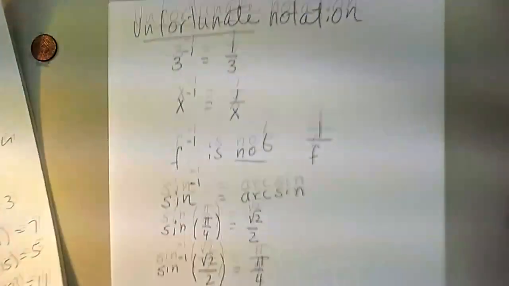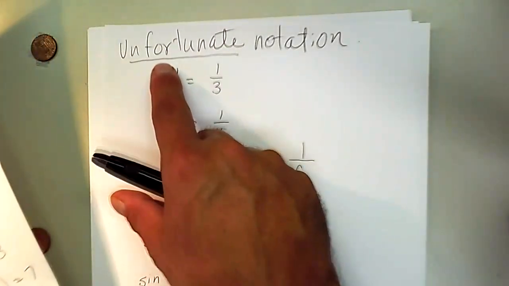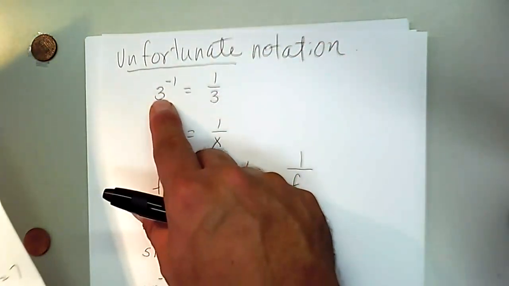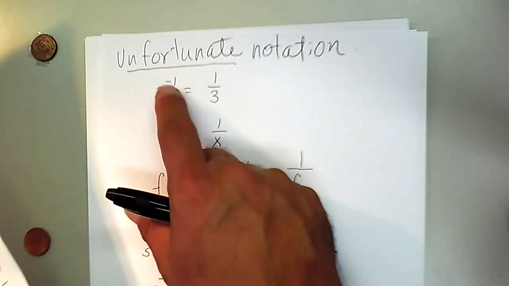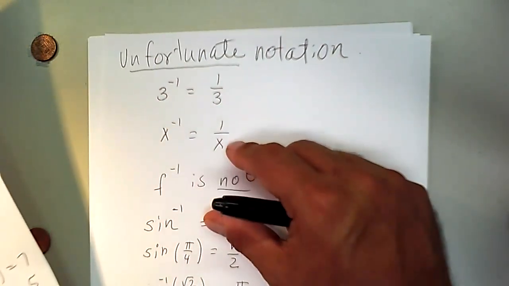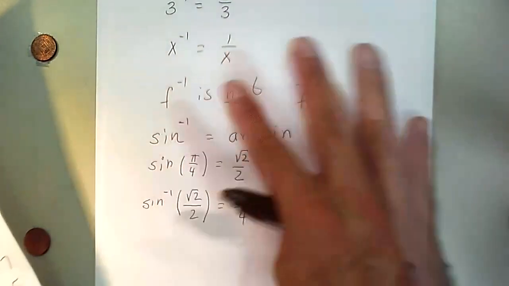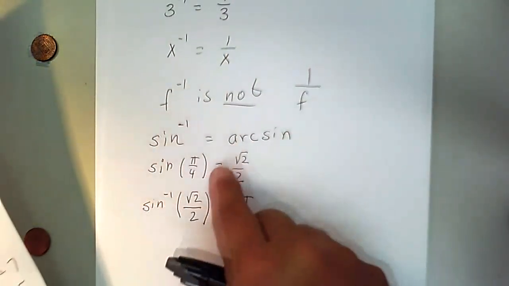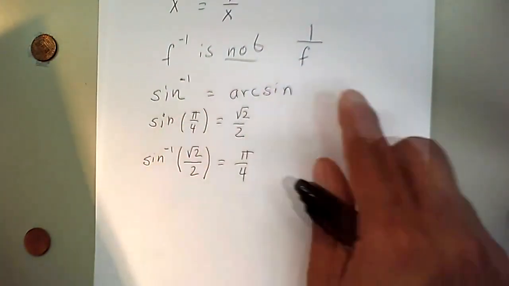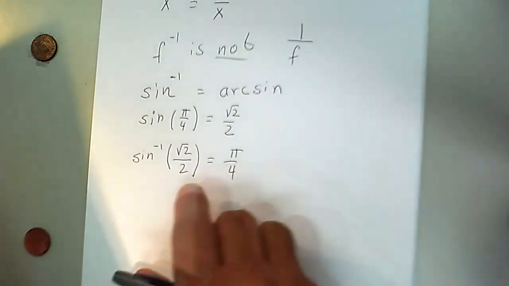Okay, so the point I wanted to make on this second page of this video is that we have an unfortunate notation. Please get that in your mind. When we put a negative exponent, -1 as an exponent of a number or a variable, we are talking about reciprocal. What is unfortunate is that we have exactly the same notation for a completely different idea. So this is an interesting example, because if you go on and take trigonometry, or if you have taken trigonometry, perhaps at one point you got confused.